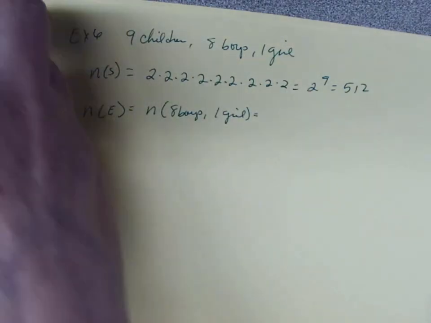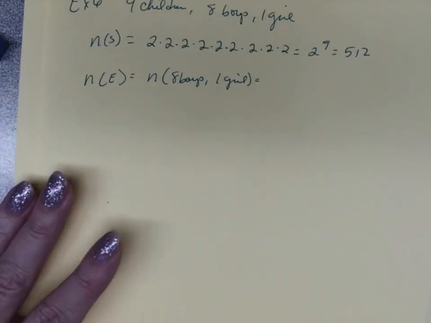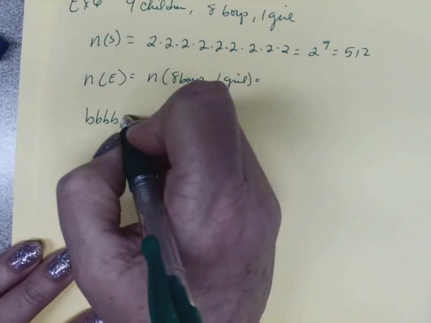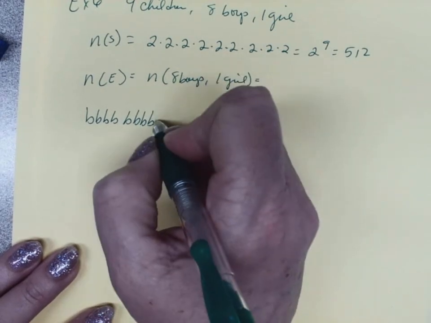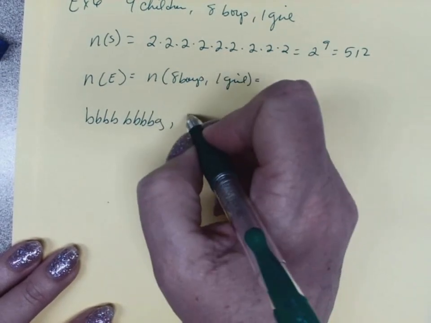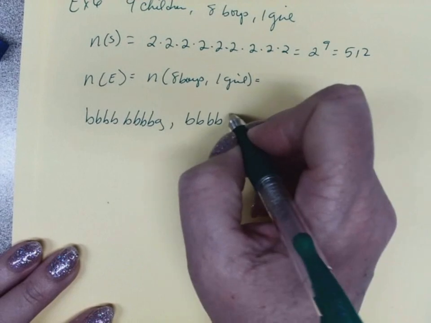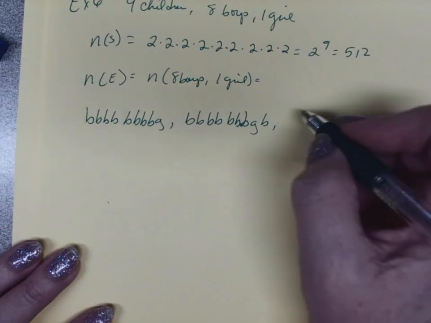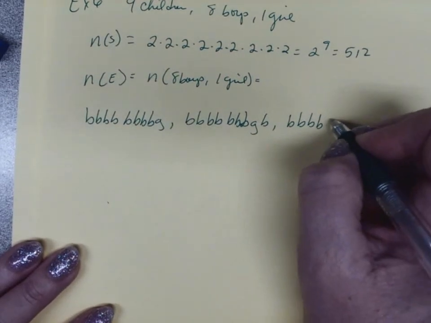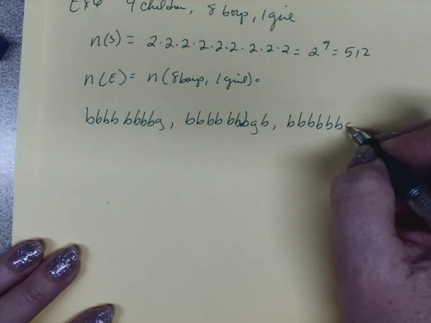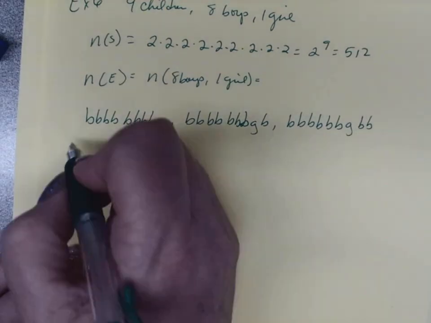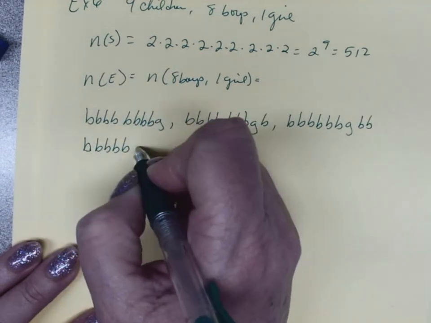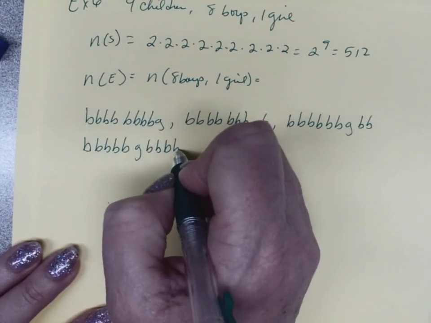Another way, if we don't have some manipulatives to draw it out, we can write it out. So we would have 8 boys and 1 girl. Or we could have 7 boys, a girl, and then a boy. We could have 6 boys, a girl, and then 2 more boys. We could have 5 boys, the girl, and then 4 more boys.